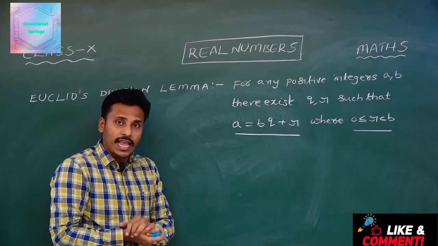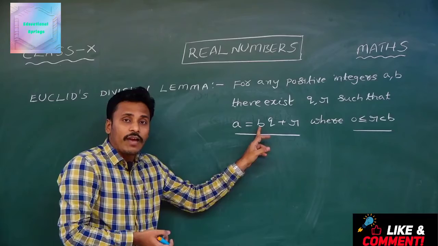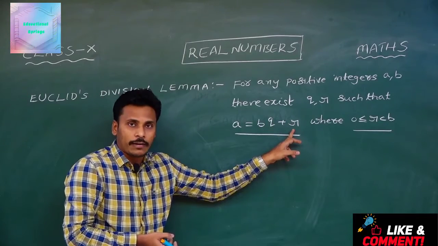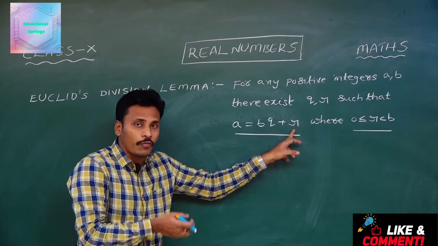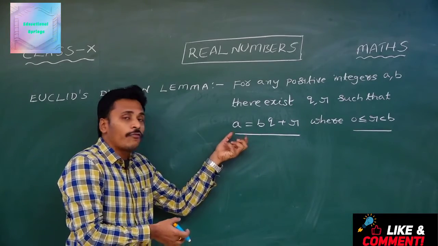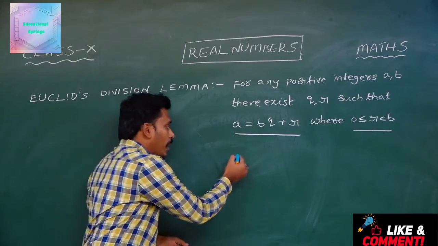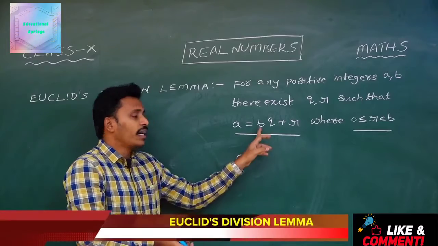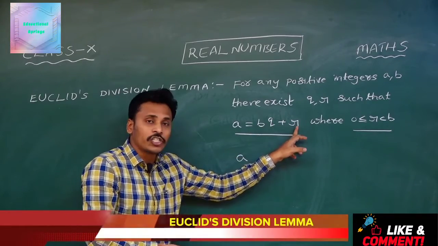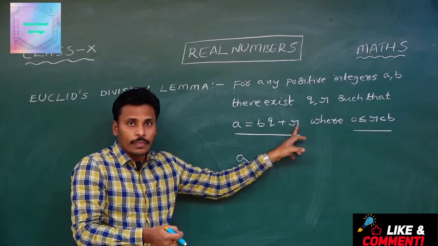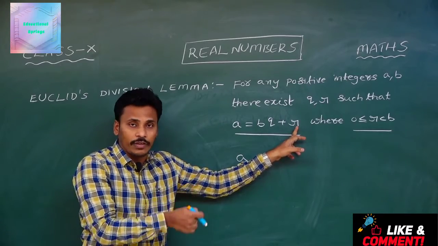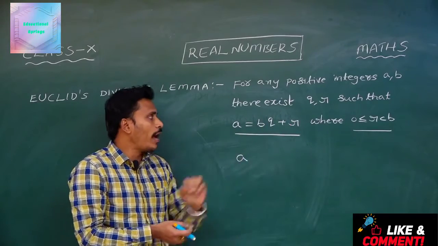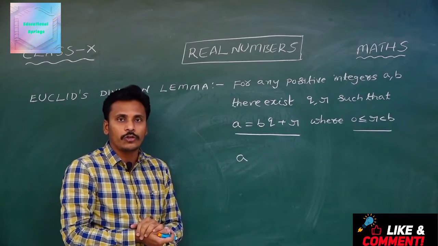We learnt in the last class that depending on the values of this divisor b, there are certain possibilities for r, and using those possible values of r, we have certain forms for a. That means for the number a, there are different forms with respect to the divisor value b and its remainder values. So if b = 2, then r has two possible values, 0 and 1.